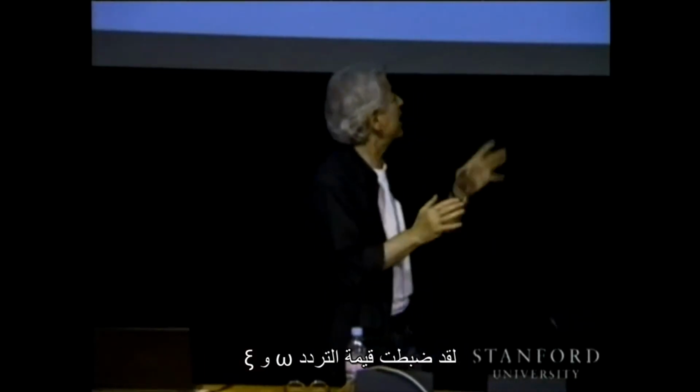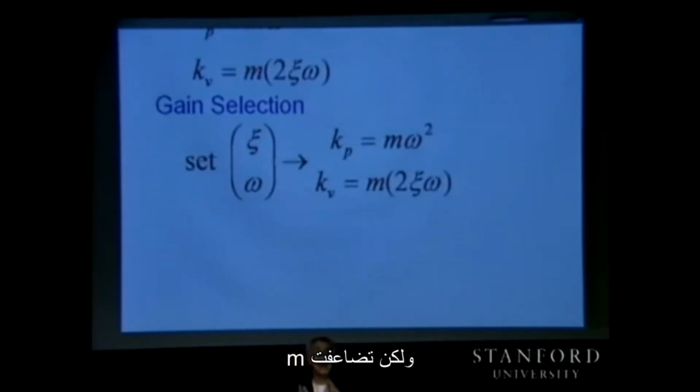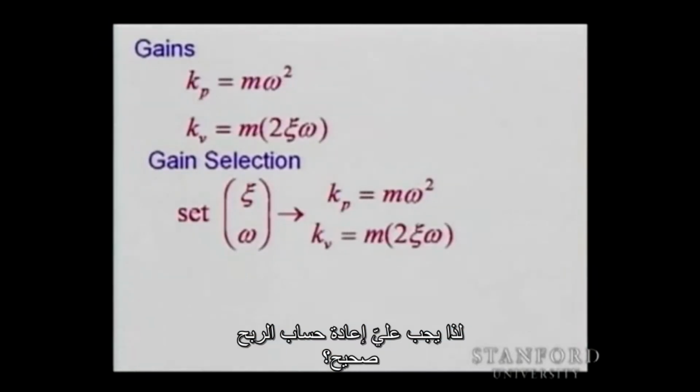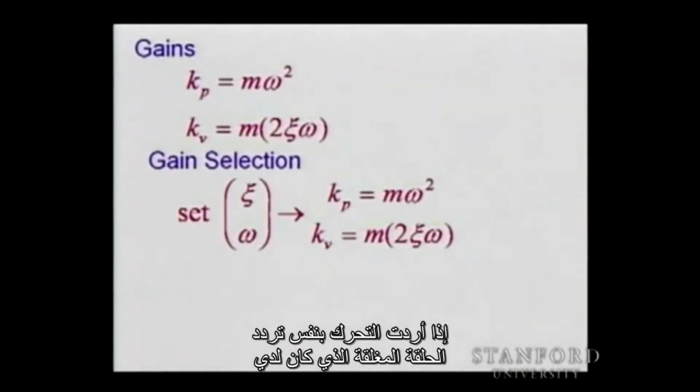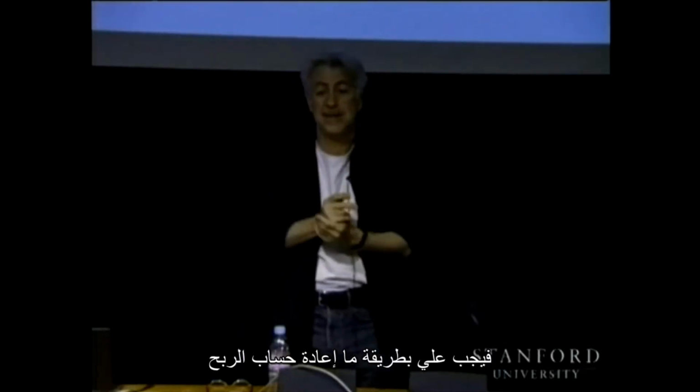So we need to be able to somehow account for the fact that I set my frequency, I set omega and set zeta, and now I computed KP and KV, but M doubled. So I need to update my gains, right? If I want to move with the same closed loop frequency, I need somehow to update my gains.